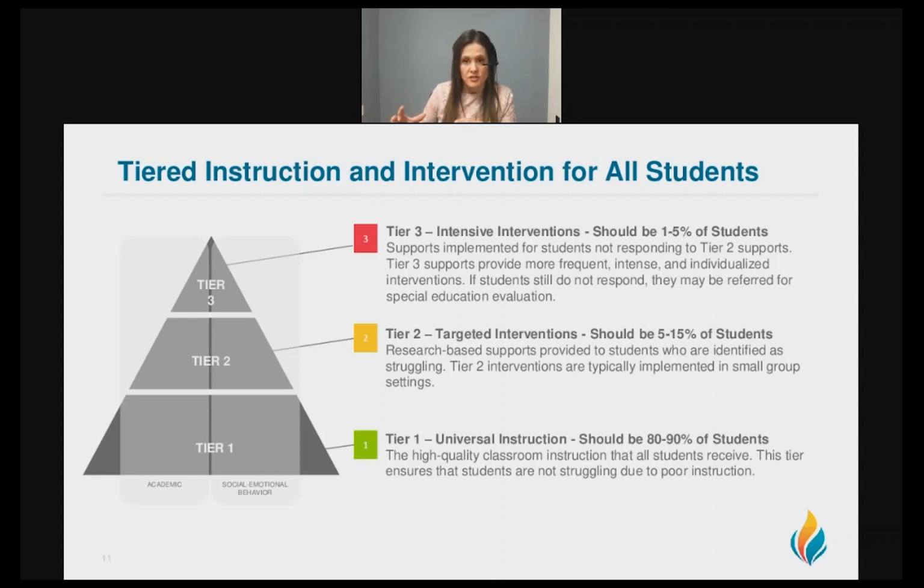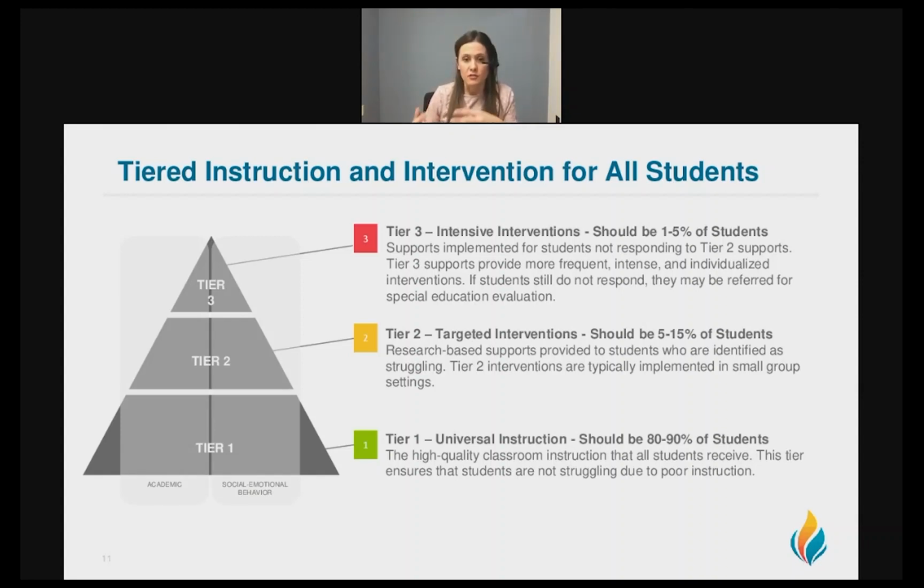To look at the resources that we have and make sure that our universal instruction is happening for 80 to 90% of the students and is effective for that number of students. We typically notice that about 5 to 15% of our population needs more intensive or more strategic supports put in place at that tier 2 level.